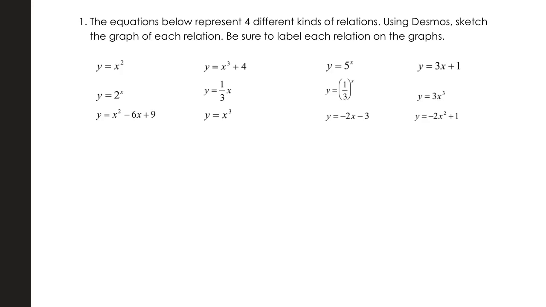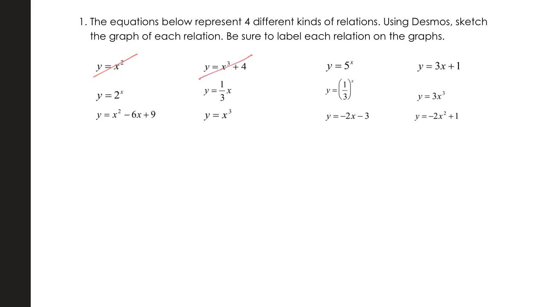Now my list of relations looks a little different than yours, just because I had to space them out a little bit to get them to fit on the screen. But you'll notice that we have all the same relations. What I might do is simply go through and use Desmos to very quickly say, nope, y equals x squared did not give me a line.